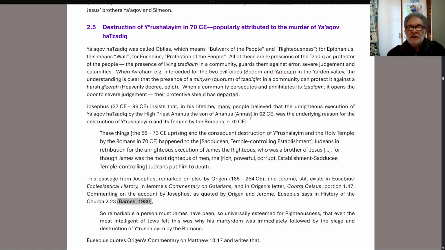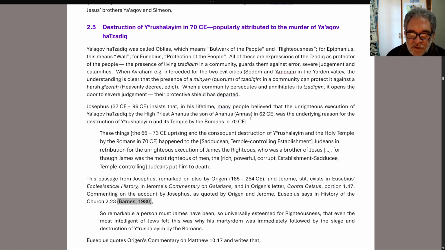Josephus insists that in his lifetime, many people believed that the unrighteous execution of Yaakov HaTzadik by the high priest Hanan bar Hanan in 62 CE was the underlying reason for the destruction of Jerusalem and its temple by the Romans in 70 CE. These things, the 66 to 73 CE uprising, and the consequent destruction of Jerusalem and the Holy Temple by the Romans in 70 CE, happened to the Sadducean temple-controlling establishment Judeans in retribution for the unrighteous execution of Yaakov HaTzadik, who was a brother of Jesus.